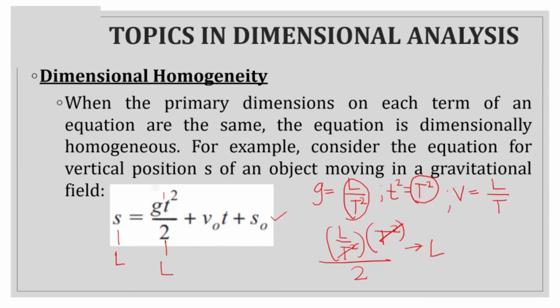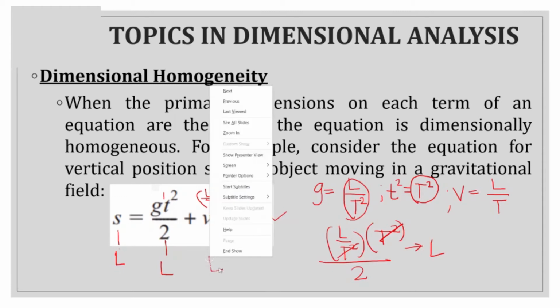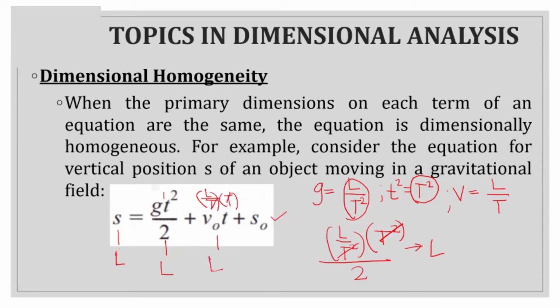Then we have this T here, so length over time times time cancels out time, and the dimension left here is L. Then S is also L. So there is a homogeneous dimension in each term of this equation. That is dimensional homogeneity.